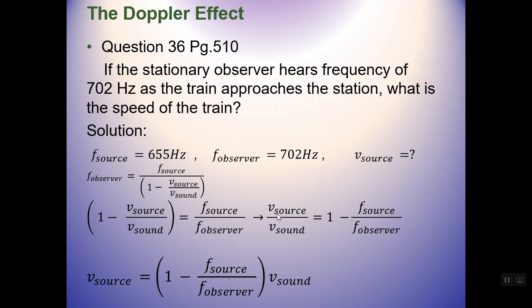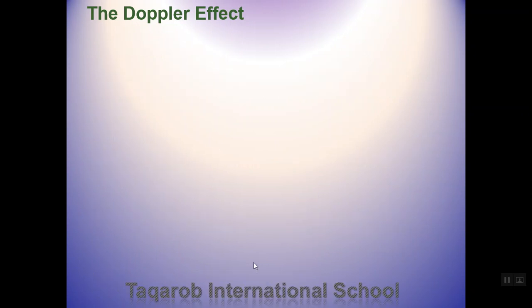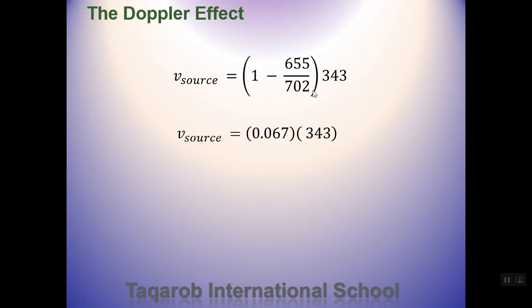Finally, we need to find the relation to calculate the V source. We can write the V source is equal to 1 minus F source over F observer times V sound. Substitute your numbers to find the V source is equal to 1 minus 655 over 702 times 343.